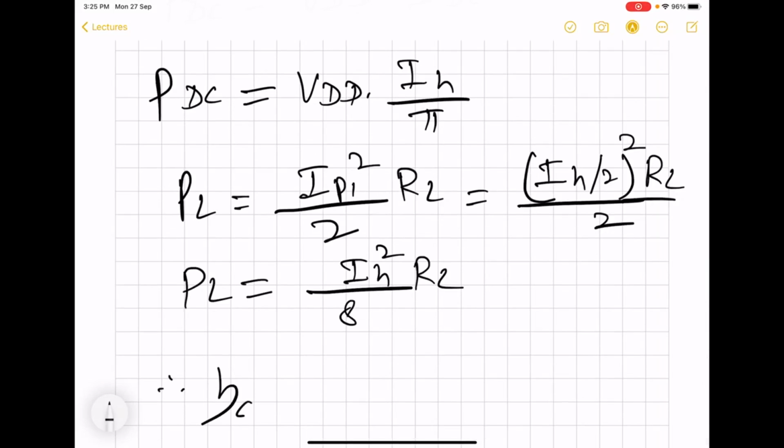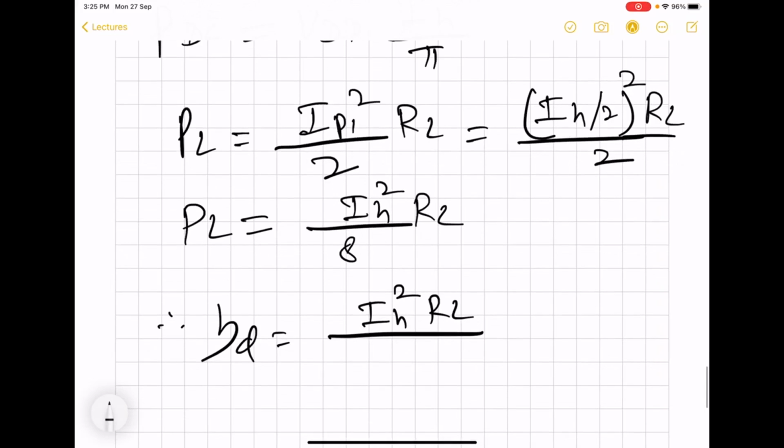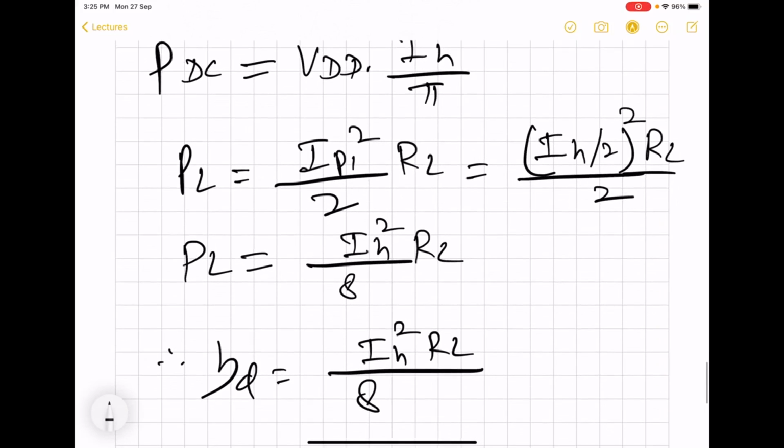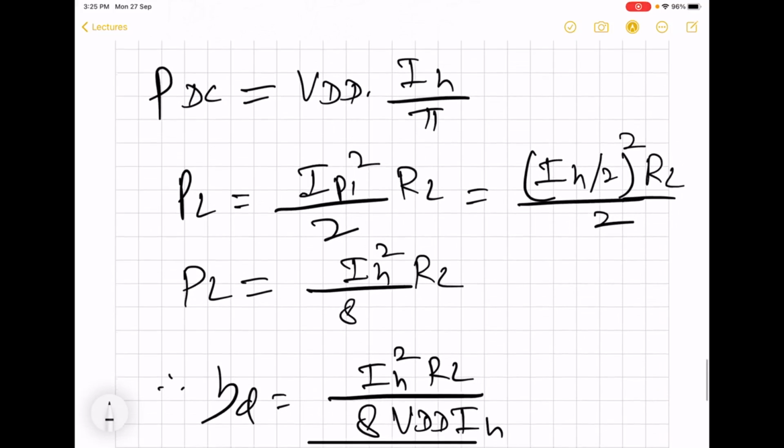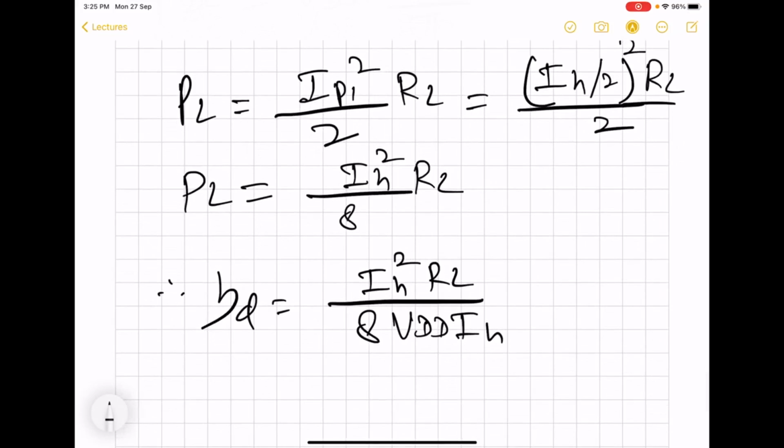So IP1 is the fundamental of the drain current, which is this component. Therefore, the drain efficiency is going to be IH square RL divided by 8 VDD IH. So this becomes IH.